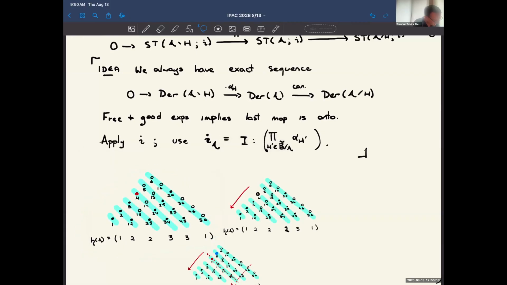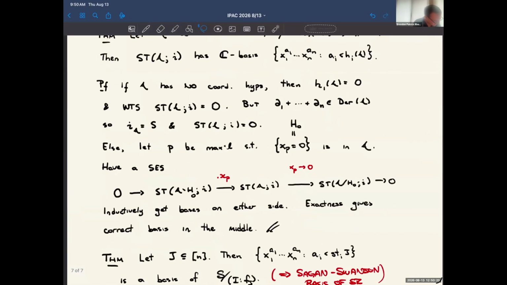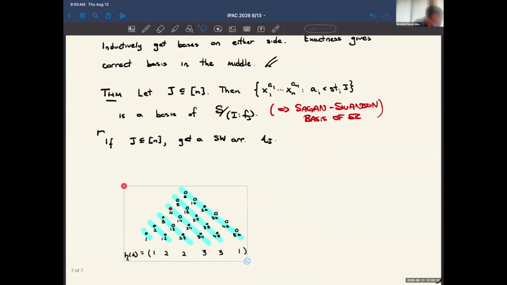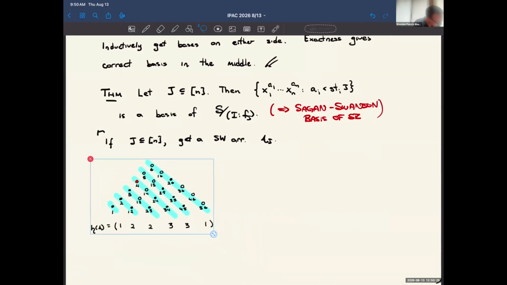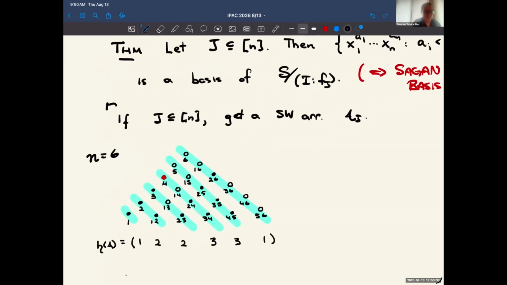Here we copy and paste. And I suppose here n is equal to 6. And this is not AJ yet, but let's say that J was 2, 3, and 5, maybe.